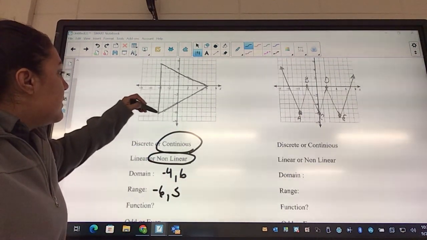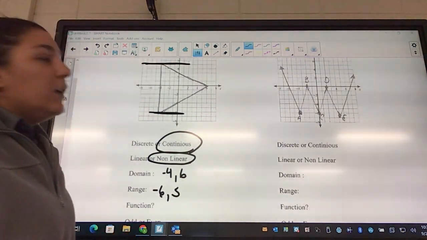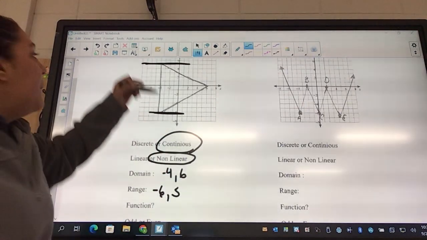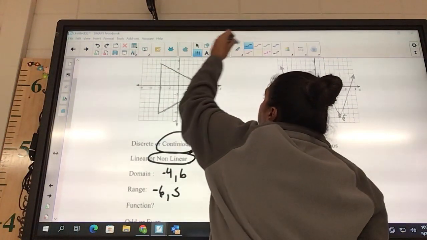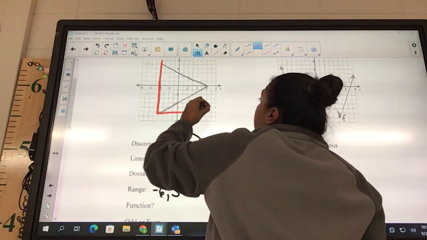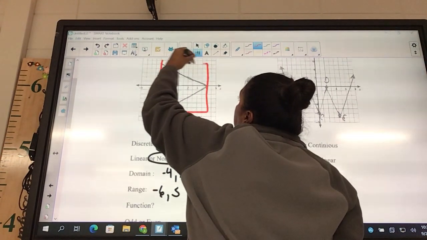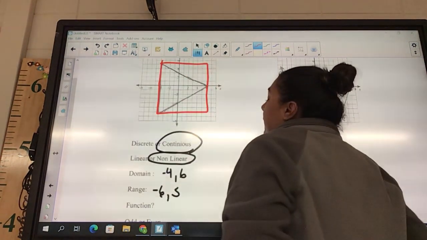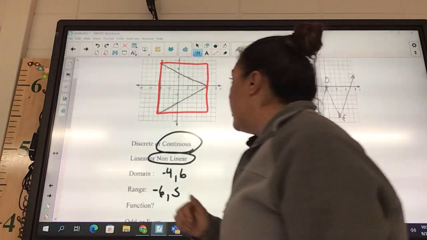Okay, it starts here on the bottom and it ends up here on the top. Same thing. If you were to draw a box all the way around this, that lets you know that's the domain and range. You could draw this, this, and then up to here. That lets you know that the domain goes from here to here and then here to here for the range.